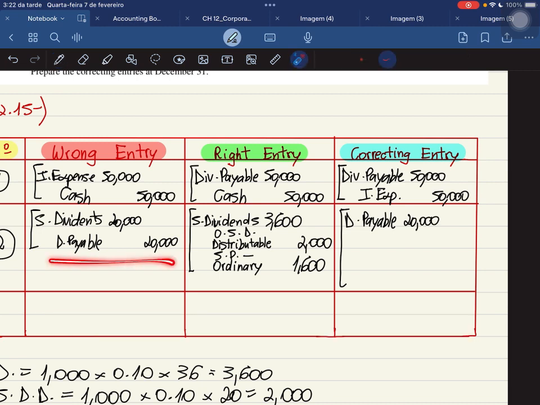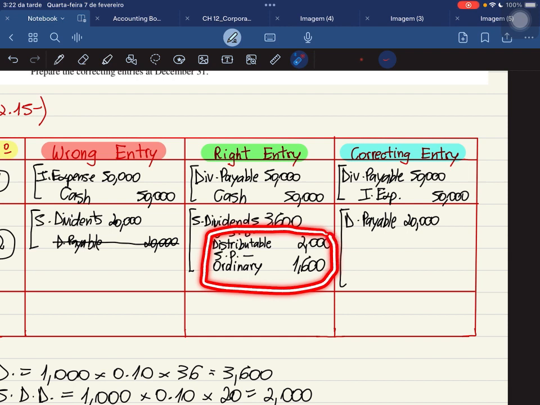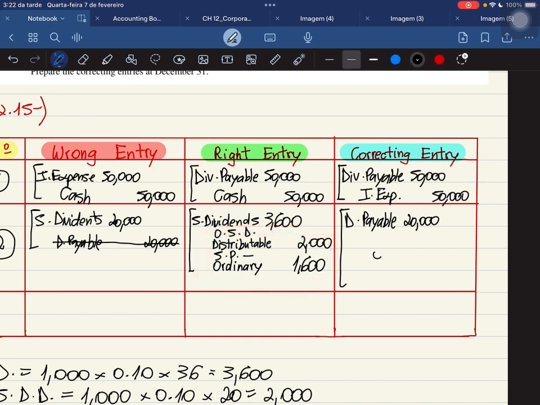This is to cancel this one. So I'm going to go ahead and cross this one. Okay, what about the other ones? Well, we know for a fact that we need to have these two. So we can go ahead and copy them over here because they have to be credited no matter what. And the share premium ordinary. And the amounts are going to be the same as well.